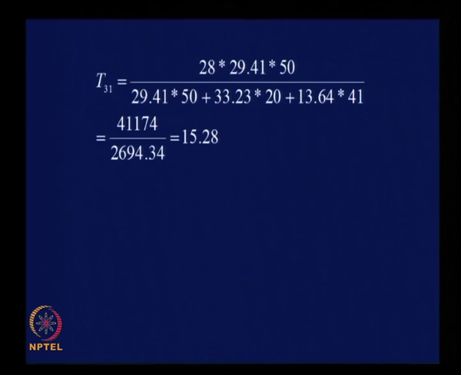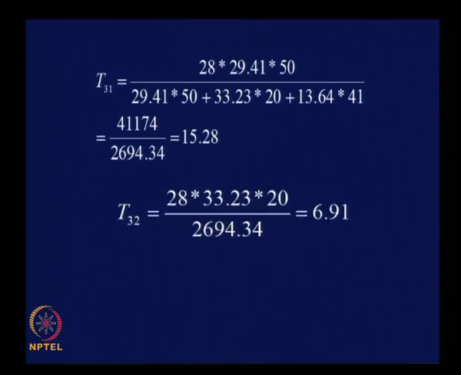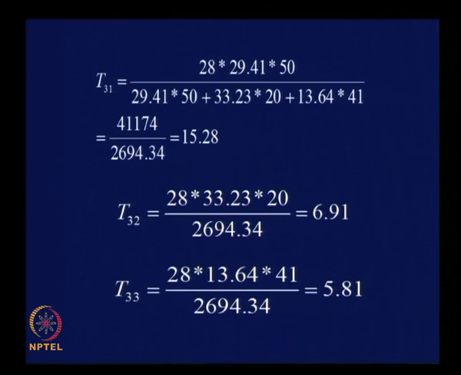And for zone 3, T31 15.28, T32 6.91, T33 5.81. Now we are ready with the values to be filled in the matrix to check whether we are able to get the desired attraction values.